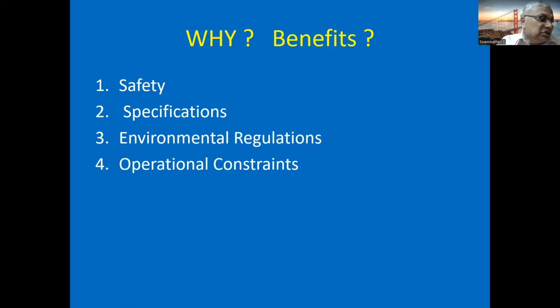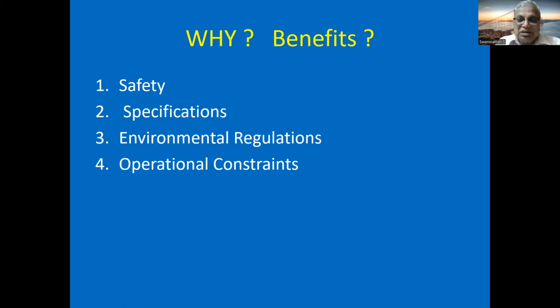And fourth one, the operational constraints. Many of the equipment used in a chemical plant have these constraints. Constraint means we cannot operate them in the way we desire; they may not have full freedom.